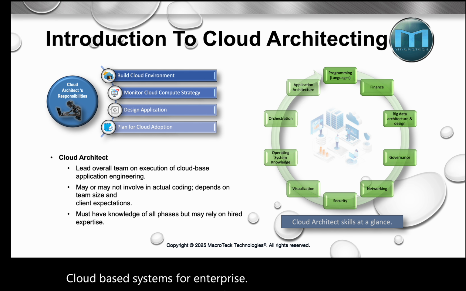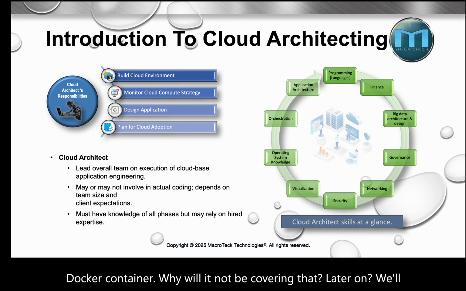Governance, networking, security, virtualization, operating systems, Red Hat, Windows, etc. Orchestration, Docker containers. While we'll not be covering that here, later on we'll cover that and show how Kubernetes is used to orchestrate them. Application architecture.